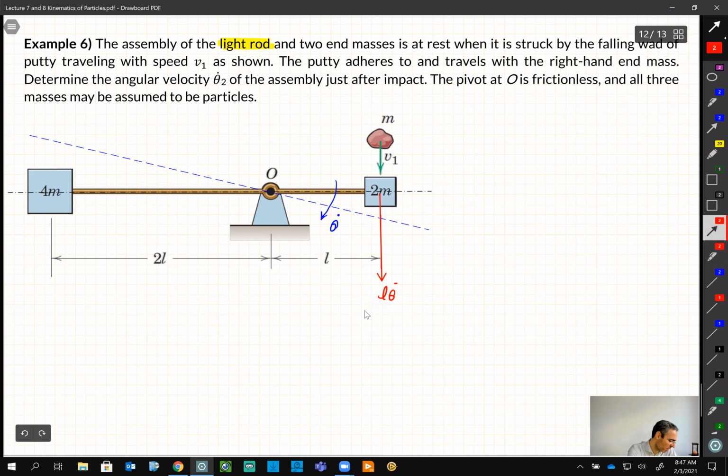What about the other side? This guy also has a velocity. Its velocity is going to be 4L multiplied by theta dot. Okay, so this is all the information that we have, and now we need to solve this problem.